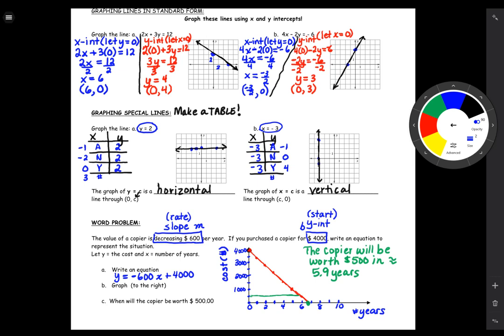Now let's find the exact amount. I don't have much room here, so I am going to try and put this on here to the best of my ability. So 500, when will it be worth 500? So the slope was negative 600 times x plus the initial cost. We want to subtract 4,000 on each side.